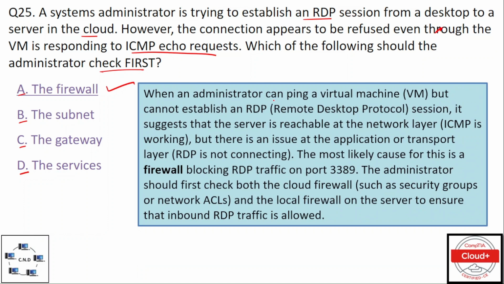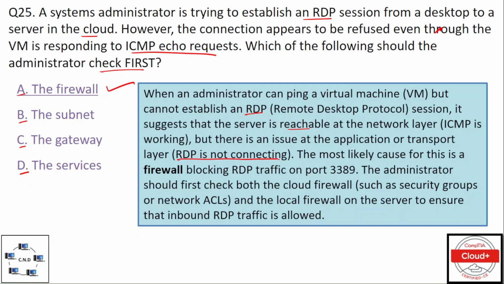So when an administrator can ping a virtual machine but cannot establish an RDP, that is remote desktop protocol session, it suggests that the server is reachable at the network layer, that is ICMP is working, but there is an issue at the application or transport layer because the RDP protocol is not connecting.